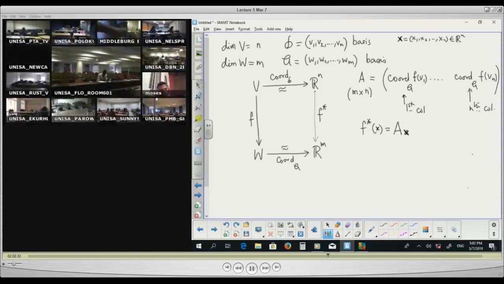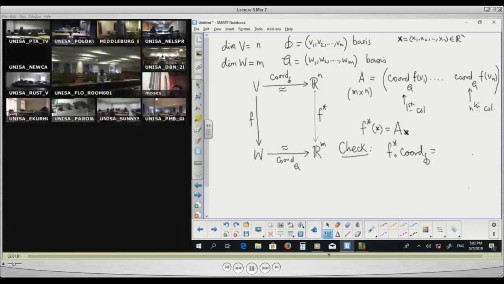So what I am doing is, I have defined this map, right? So this map I compose. So F star composed with coordinates of B is equal to coordinates of A composed with F. What does it mean?